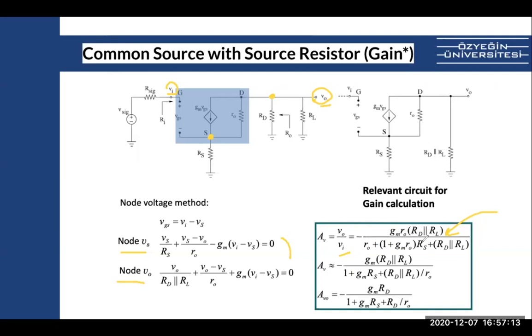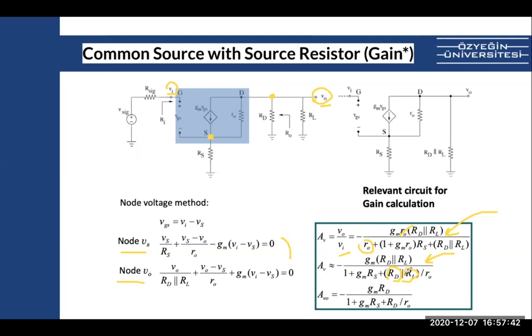It's like a bunch of terms, but that simplifies. Why does it become simplified? Because some of those terms are much bigger compared to other ones. For instance, if you look at this one, we take the R0 into parallel and stuff, then eventually these R0s cancel, so this becomes that. And then because RD is much smaller compared to RL, it says.